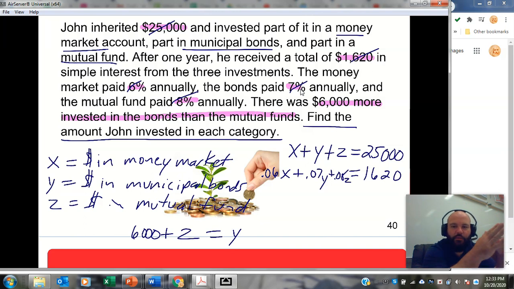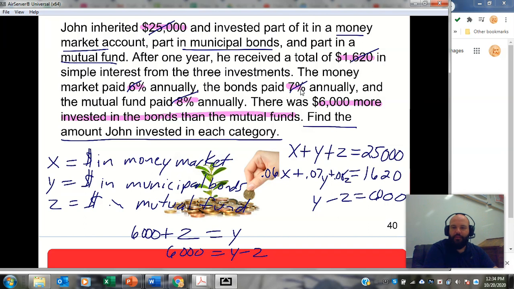The other ones have the X and the Y and the Z on one side and a number on the other. So we need to manipulate this equation, 6,000 plus Z equals Y, so the variables are all on one side. If I move the Z to the other side, I get Y minus Z equals 6,000.